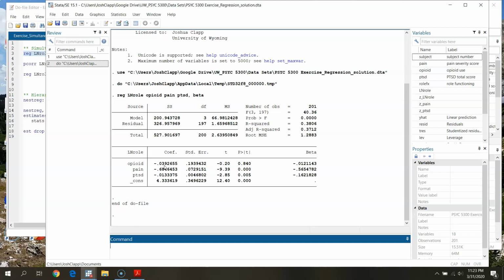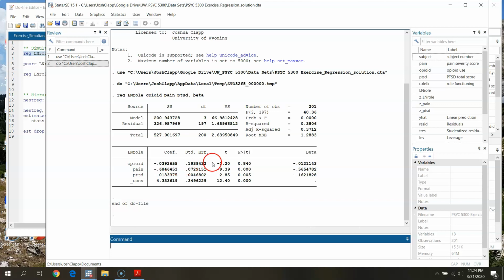So this would suggest that we have close to a 4% reduction in role functioning among individuals who are using opiates versus those who aren't, right? So if we go from no use to use, we're seeing about a 4% reduction in our role functioning variable.